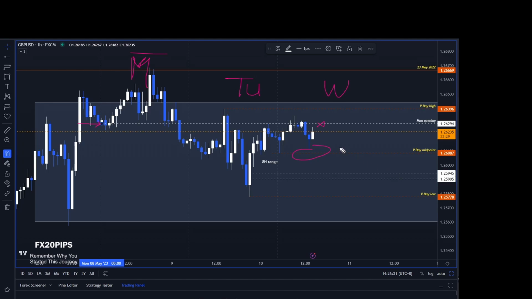So this is just to give you an idea where price is in reference to the Monday opening. If price keeps going up, you have to tell yourself, it's higher than the midpoint of yesterday, it's higher than the Monday opening. Is price going to go higher up? Hopefully, going to break this one. So these are some scenarios you have to explain to yourself.